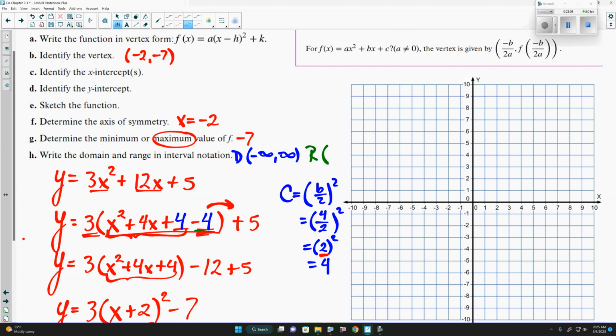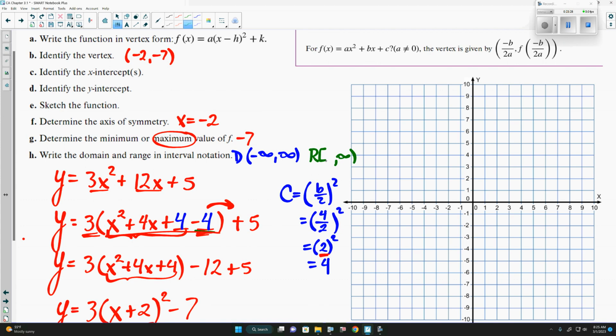Now the range, on the other hand, the range are the y values. Y values are not going to be all real numbers for quadratics. We're going to have a definite endpoint. Now we said it opened up, yes? So it's going up. The biggest value we can actually have is infinity.